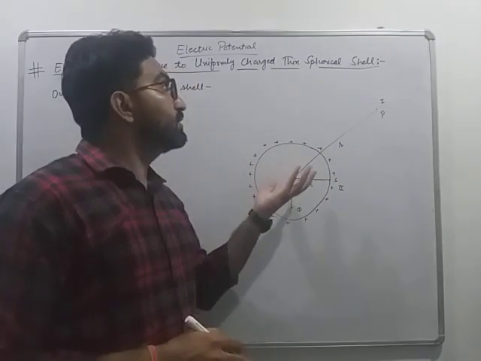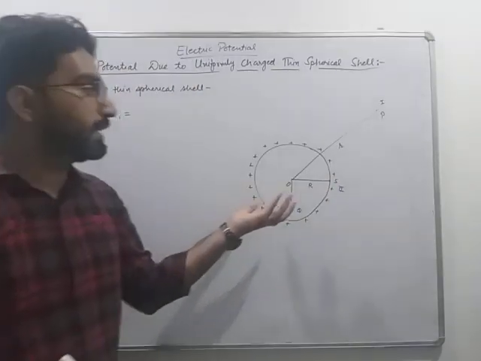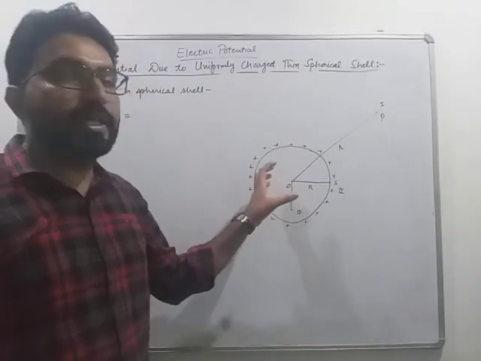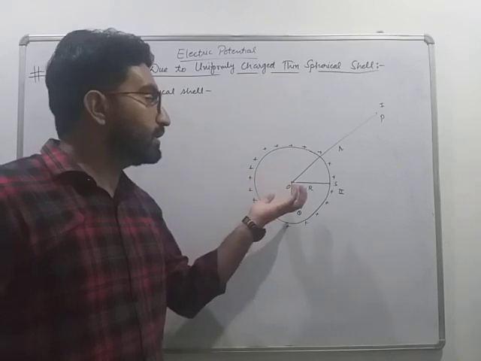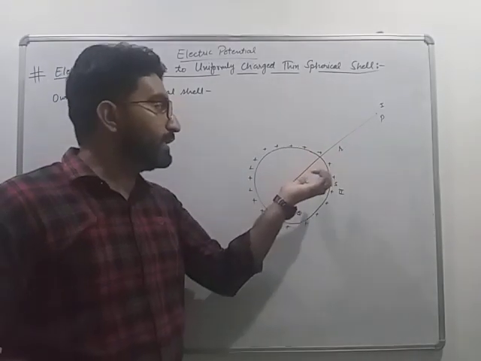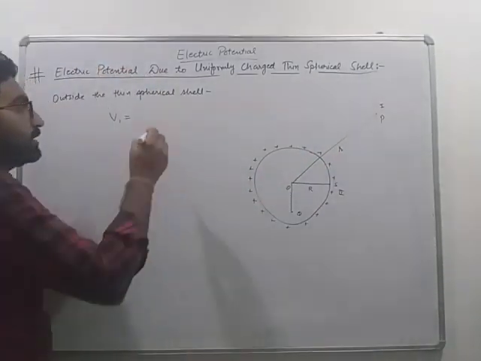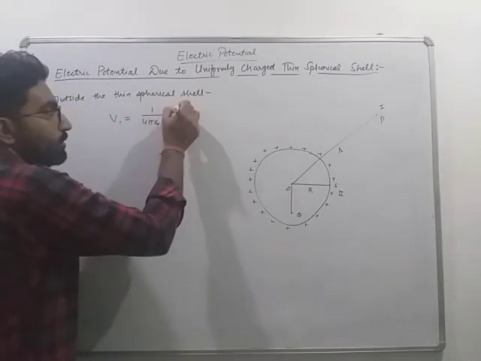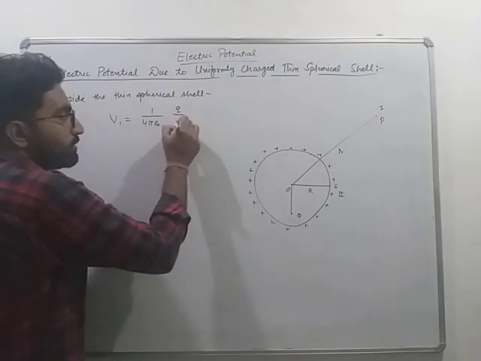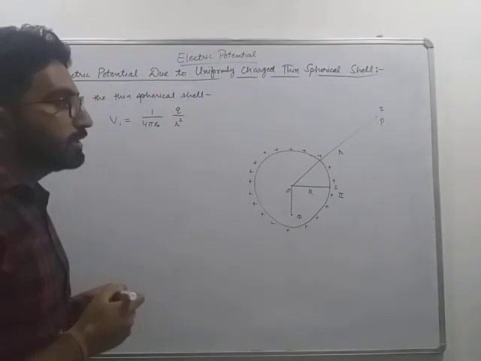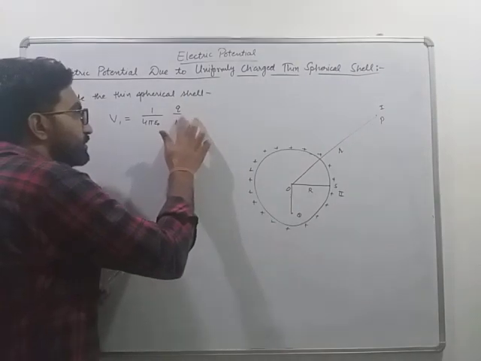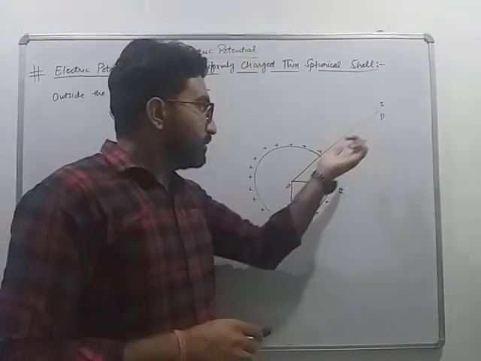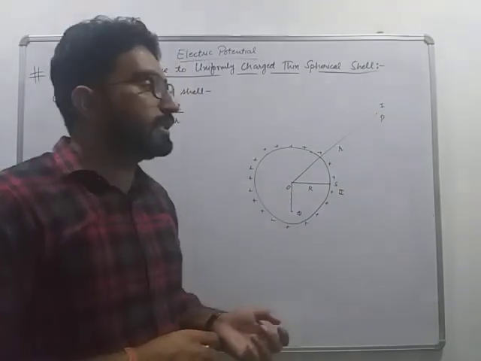I will represent it by V1. When we find the electric potential at a point outside the thin spherical shell, it acts like a point source, and the electric potential due to a point charge is given by 1 by 4 pi epsilon naught q divided by r. Here r is the distance of the point P from the center of the spherical shell.